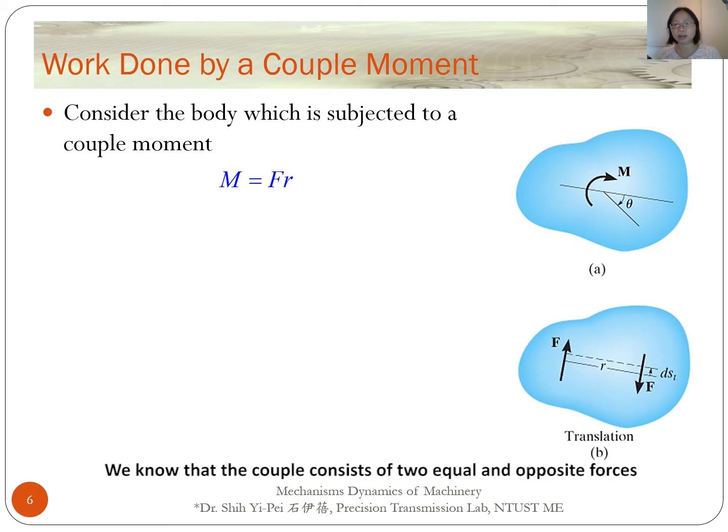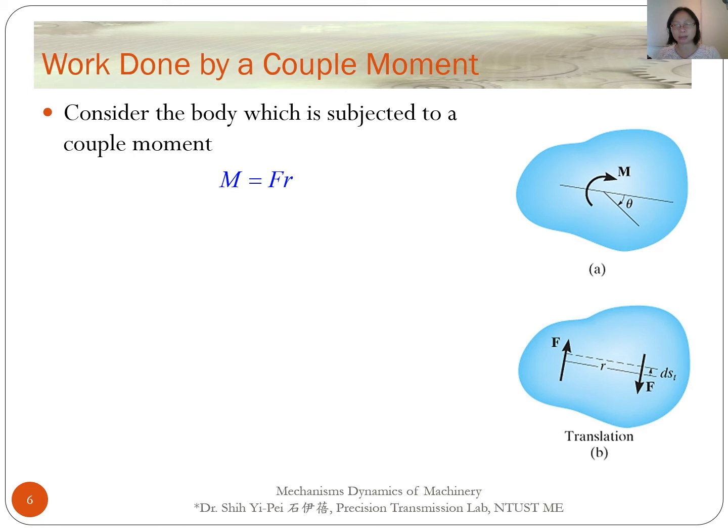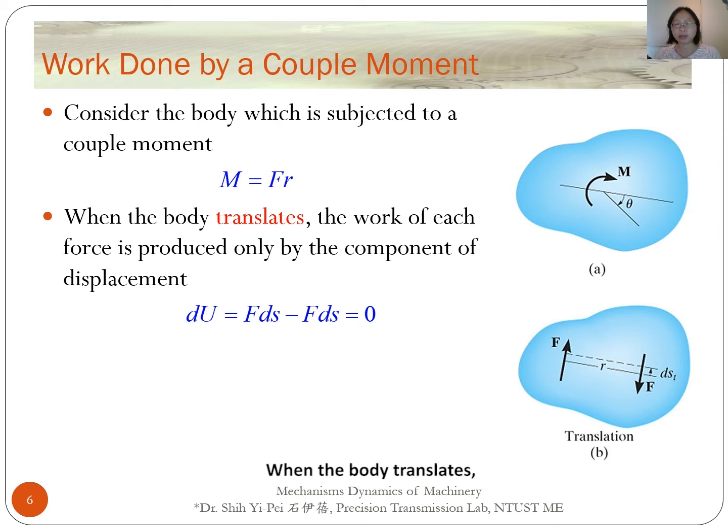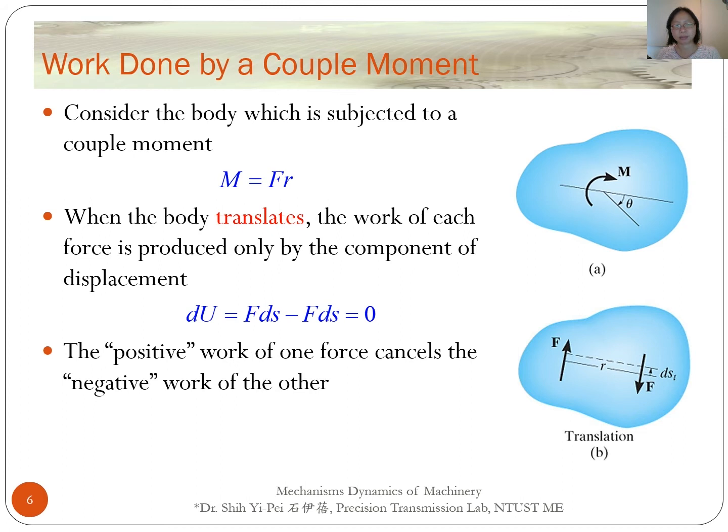We know that the couple consists of two equal and opposite forces whose lines of action do not coincide. When a body translates, the work of each force is F times ds. Because the two forces are equal and opposite, the positive work of one force cancels the negative work of the other. Total work will be 0.